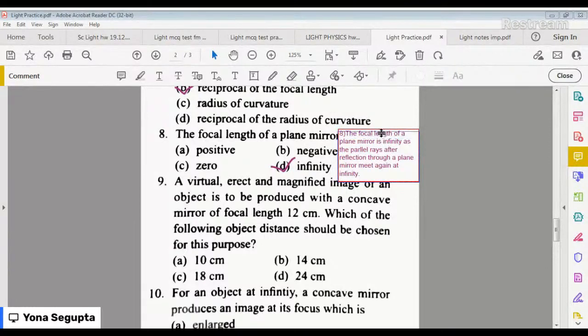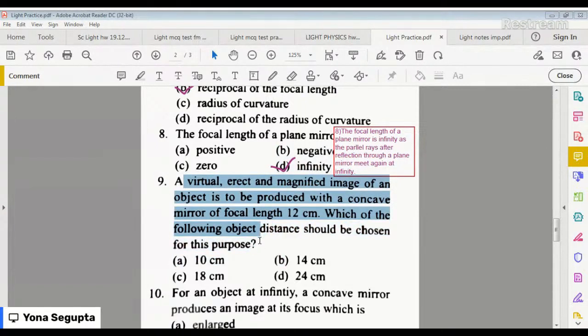So the next question. A virtual, erect and magnified image of an object is to be produced with a concave mirror of focal length 12 centimeters, for example. Which of the following object distances should be chosen for this purpose?